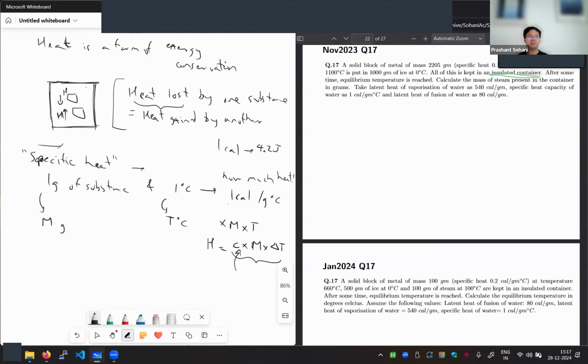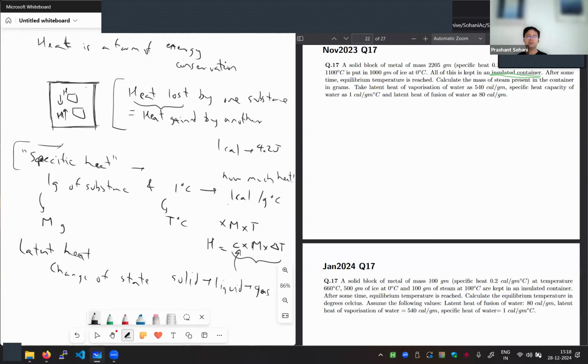Okay. And then apart from the specific heat, there is also the topic of latent heat. Latent heat is involved when there is a change of state. When a substance goes from solid to liquid or liquid to gas, you know how water behaves, right? You must have learned this in school already, so I will not repeat it in a lot of detail.